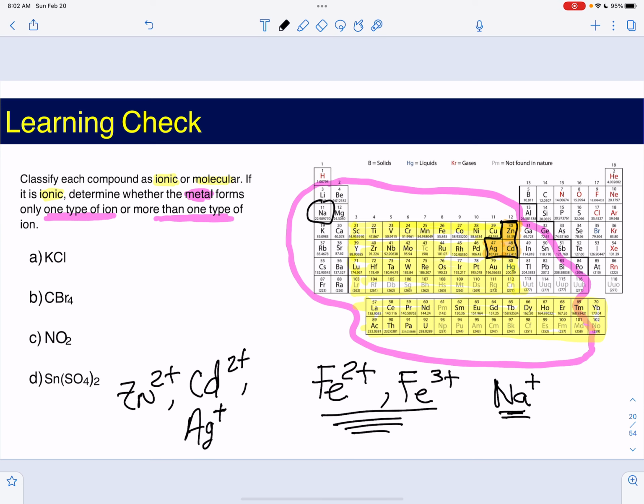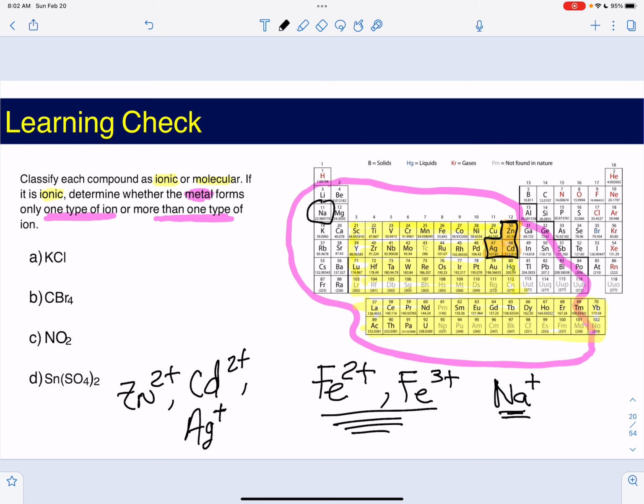So this is extremely important to remember whenever we start putting compounds together, because very soon, once we leave chapter 5 behind, we're going to start using those compounds to put chemical reactions together. And everything after that is going to depend on you being able to write the compound formulas the right way based on the charges.